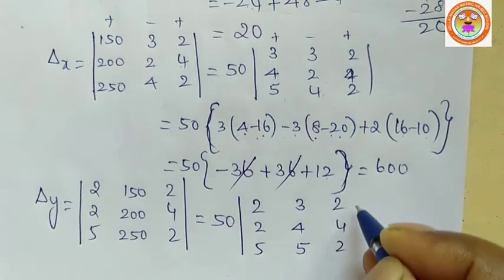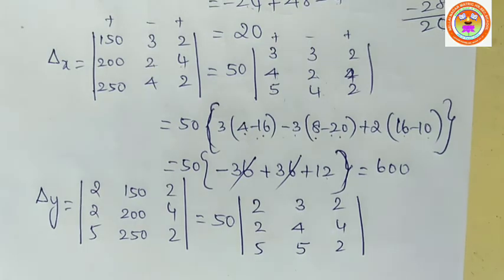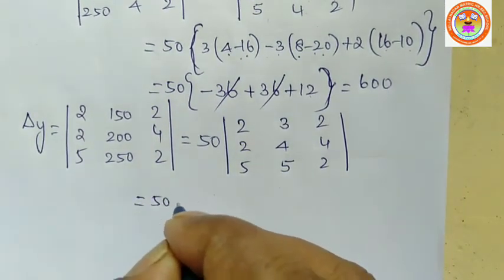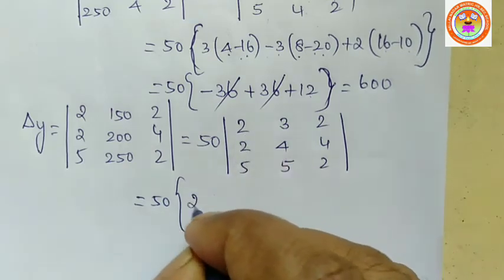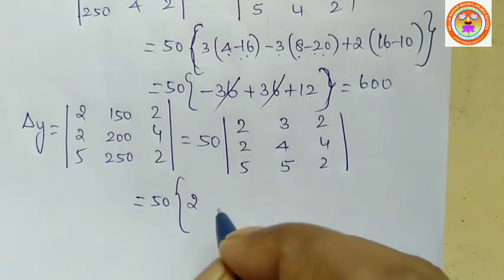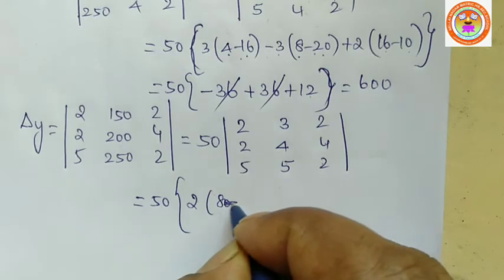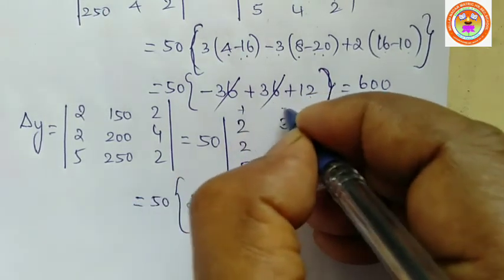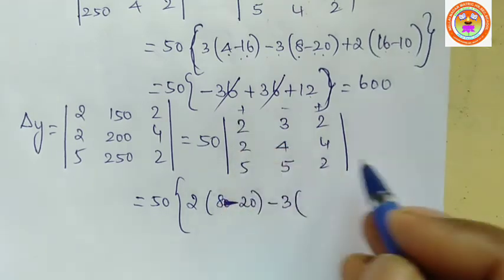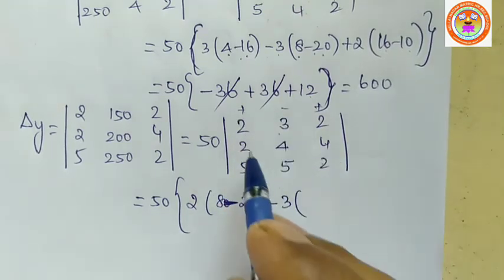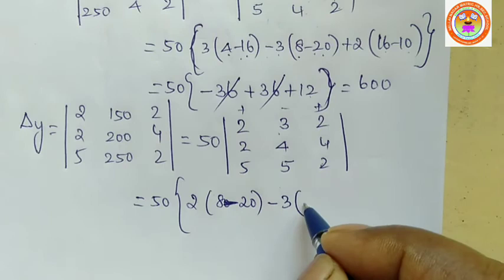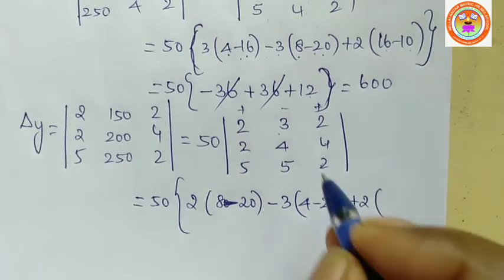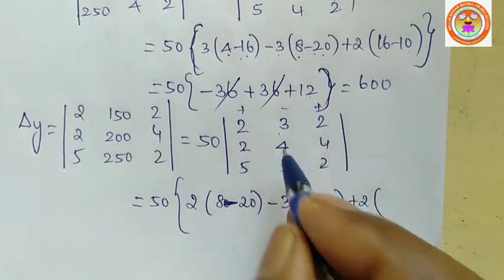When we are expanding this determinant, we will get 50 into 2 into 8 minus 20, minus 3 into 4 minus 20, plus 2 into 10 minus 20.